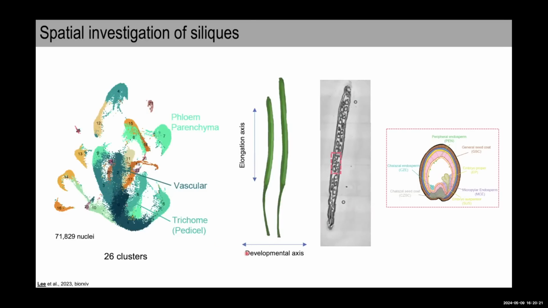So for the harvesting of Siliques, we actually harvest from younger to older Siliques, so there's this developmental axis of true development. But also there's an elongation axis where the cells at the tip or the base of the Silique may be slightly different from the same cell type in the middle of the fruits. And additionally, just taking a look inside of a Silique, we also have the developing seeds and the developing embryo.